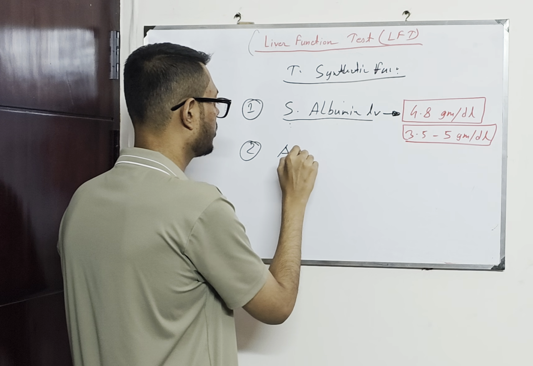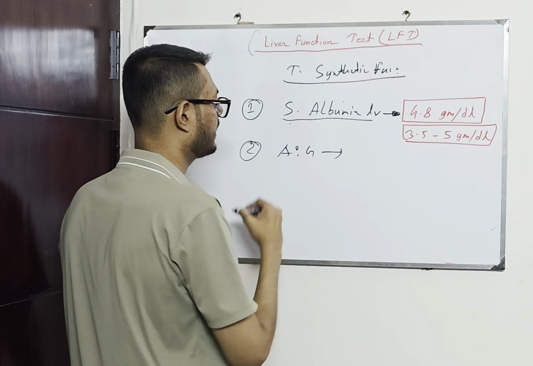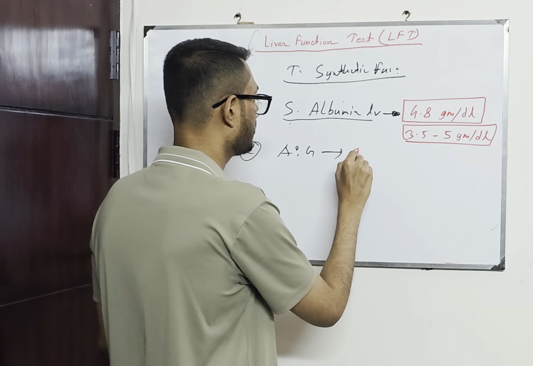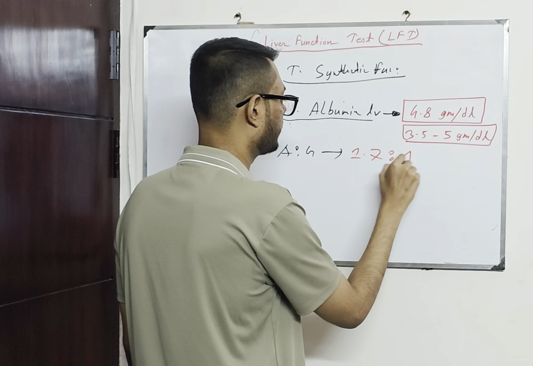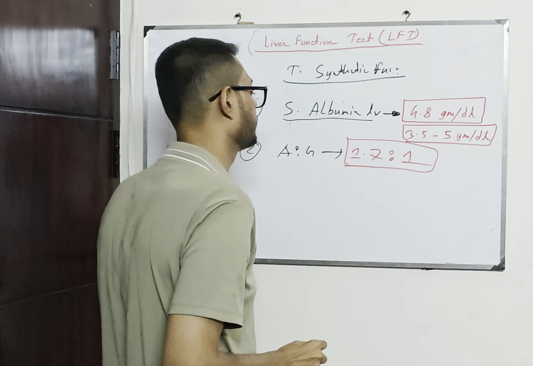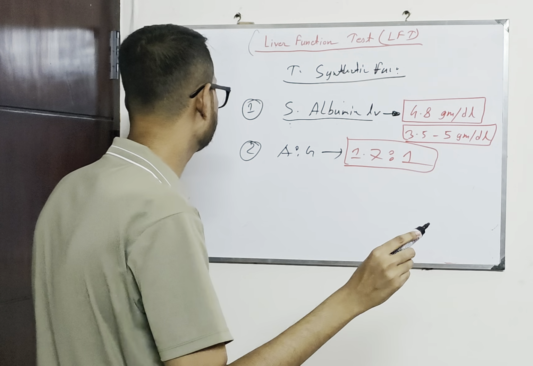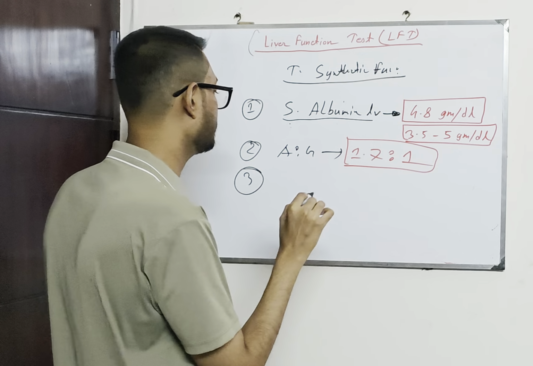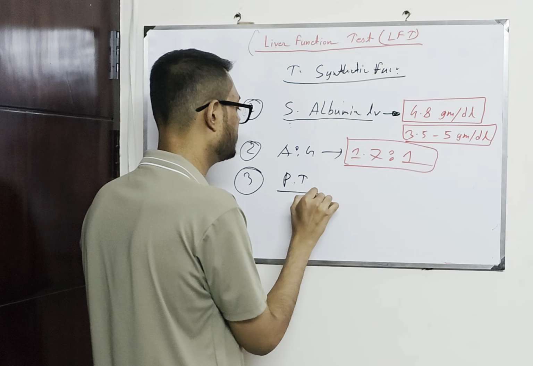The normal level of the albumin globulin ratio is basically 1.7:1. This is the normal range. And another important thing that we see is the prothrombin time, PT.